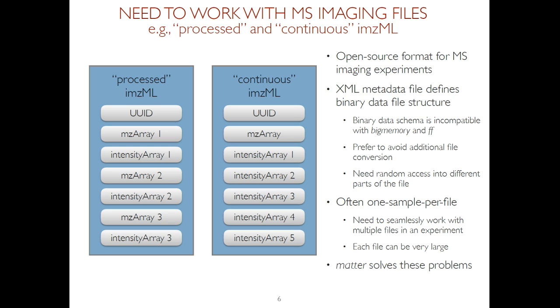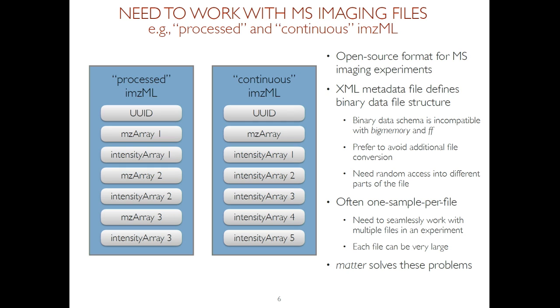Both of these file formats are not actually out-of-the-box compatible with bigmemory or ff. I would have to convert them to get them into a format compatible with those packages. Also note that because this is an open source format, most of the instruments don't actually natively export to it. Most of the file formats produced by the instruments are already in some kind of proprietary format, and they have to be converted to IMZML already.